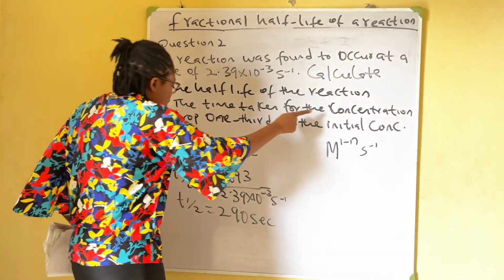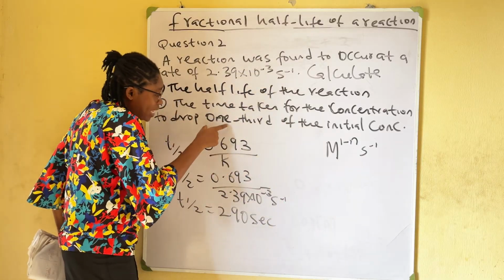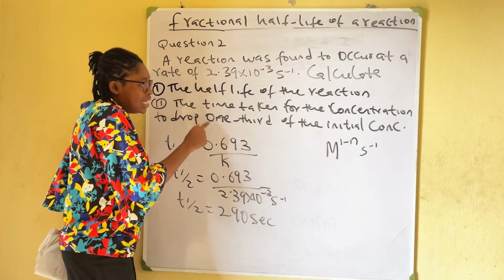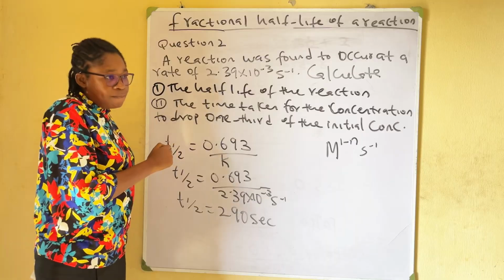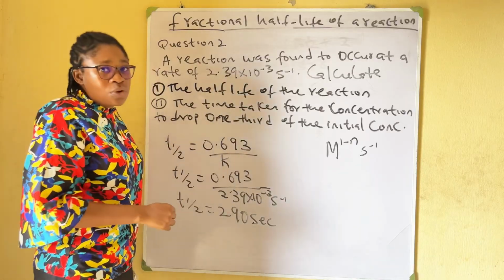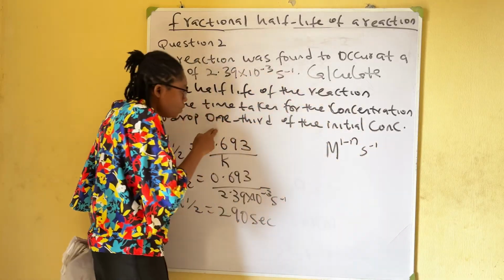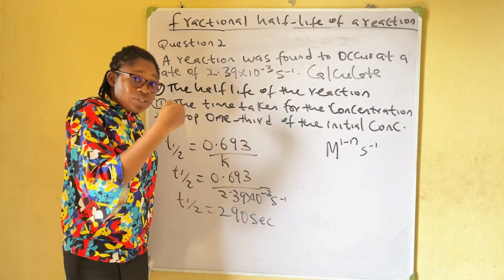So the time taken for the concentration to drop to 1/3. This 1/3 is the concentration at time. The initial concentration is 100, then this one will be 1/3 of 100.